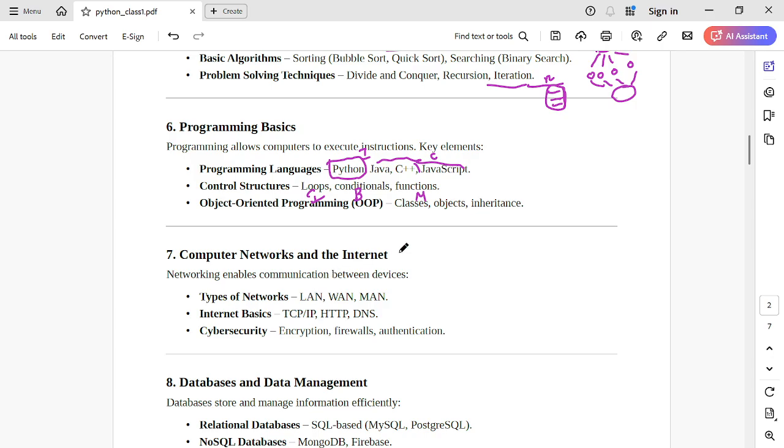So next, computer networks and the internet: a network enabling communication between devices. Computing is used for these networks and the internet also.